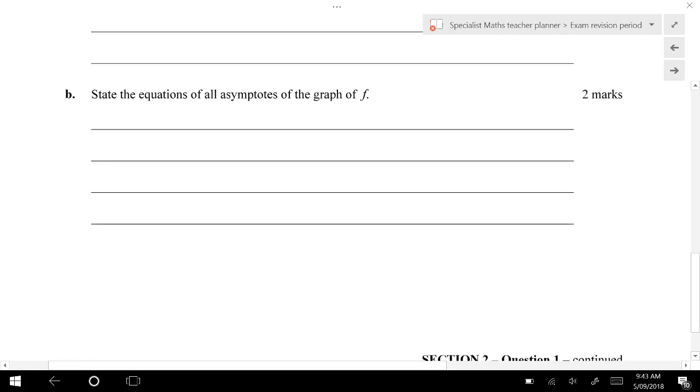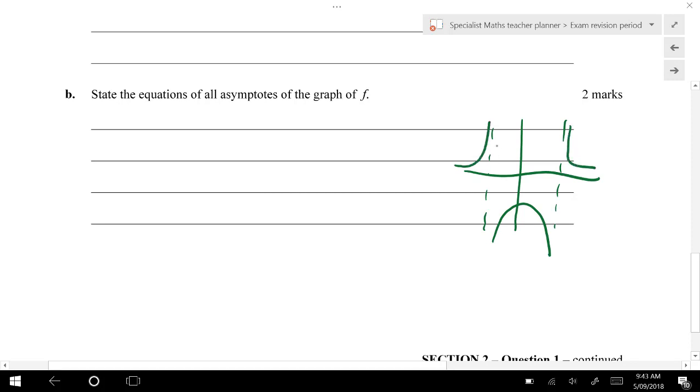State the equations of the asymptotes. Well, you should know that this graph is going to look something like this. We're going to have what becomes a minimum, which when we do the reciprocal will be a maximum. So we might have a graph which looks something like this.